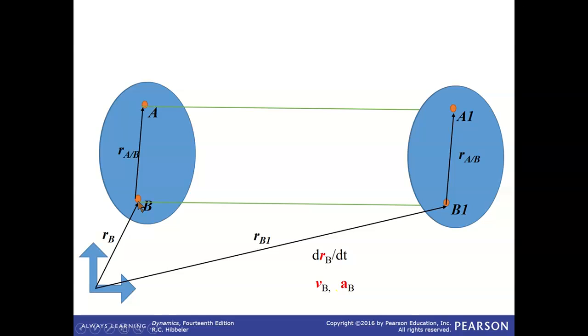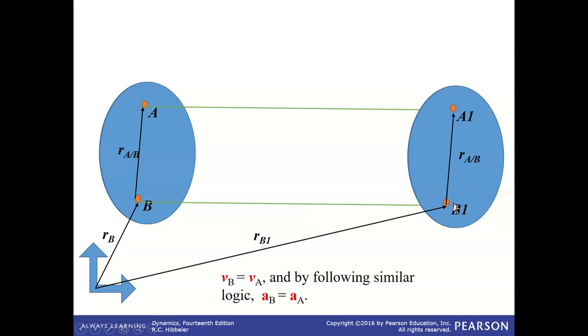Well, it's very simple, because there is no change in A with respect to B. So the position vector from A to B is the same on the left and right hand side. That means the velocity of A is the same as the velocity of B, and also the acceleration of A is the same as the acceleration of B. So when a body has this type of motion where all the points of the body have the same velocity and acceleration, then this motion is known as translation motion.